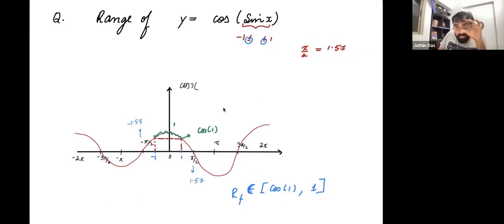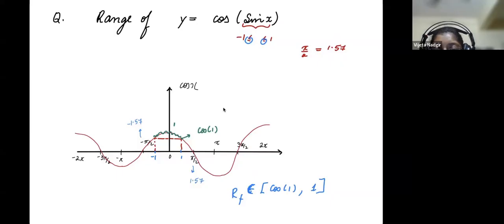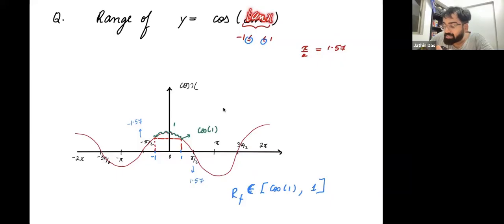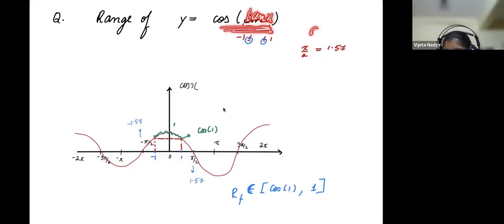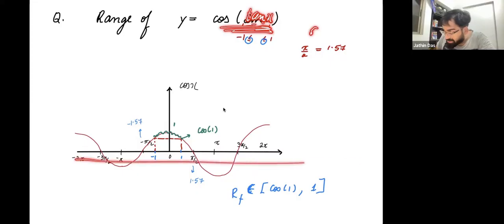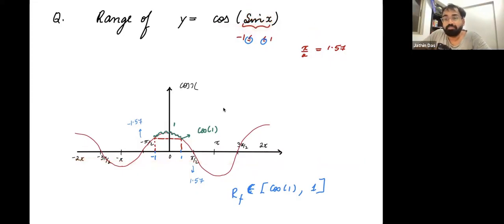But if you're putting a restricted function there, then you will have to check how much it is going to. So if there was tan x inside, then it would be -1 to 1. Tan x can take any value. Understood?